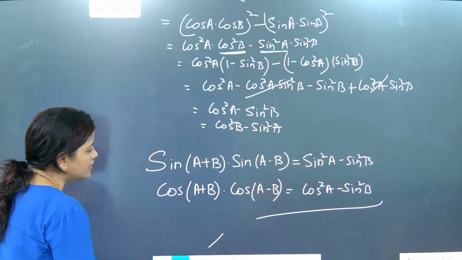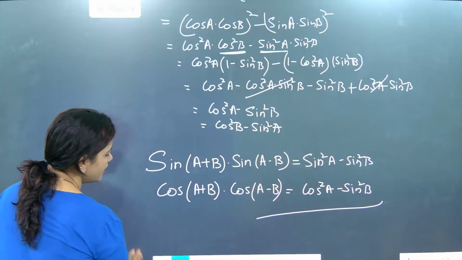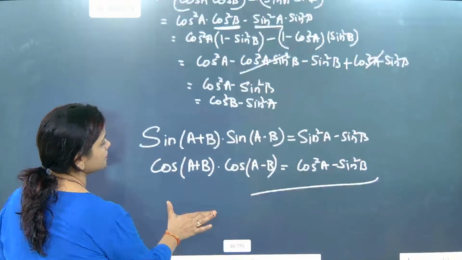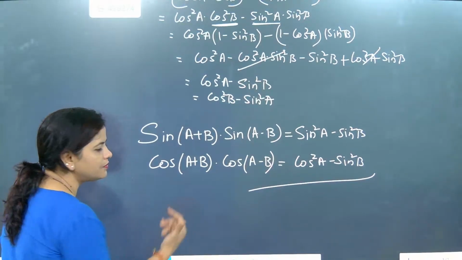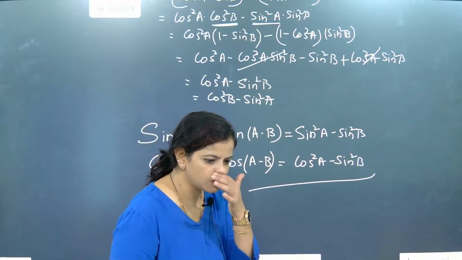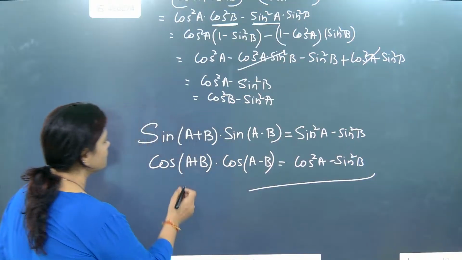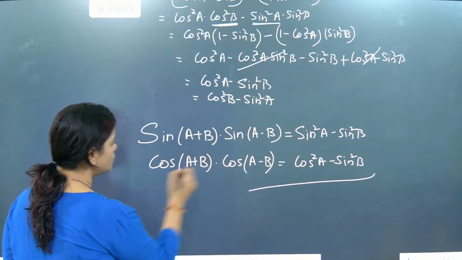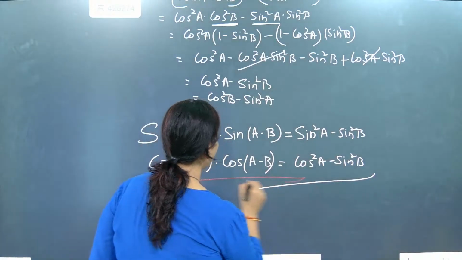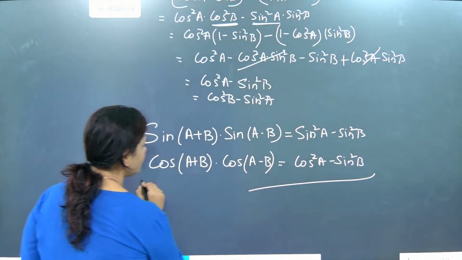Now I am going a little bit more complex, where angles A and B are the same. Here you can add them together and subtract them also. Another formula will come. So when you add them together, now listen, what will happen?